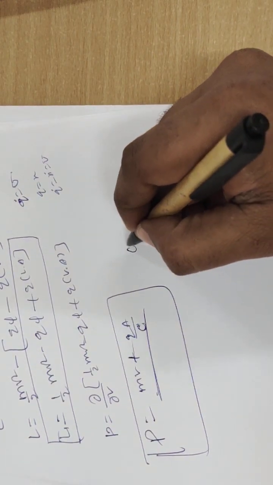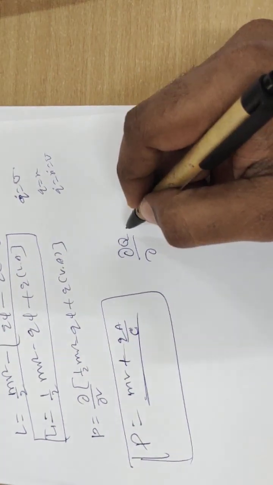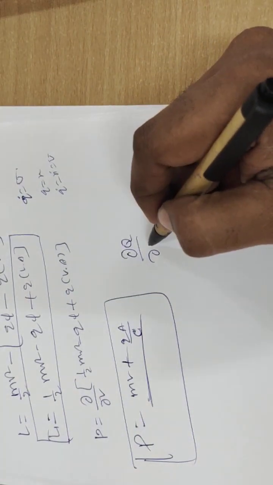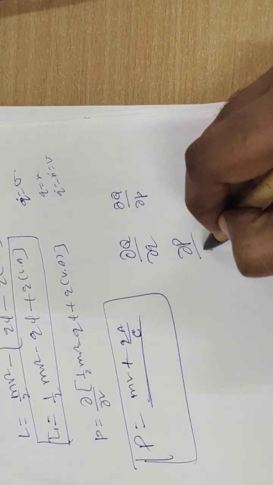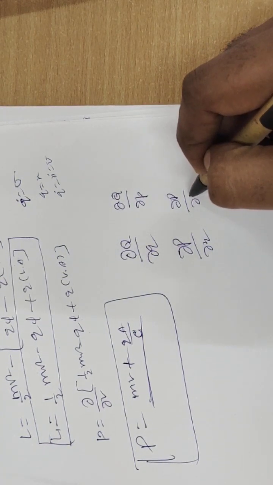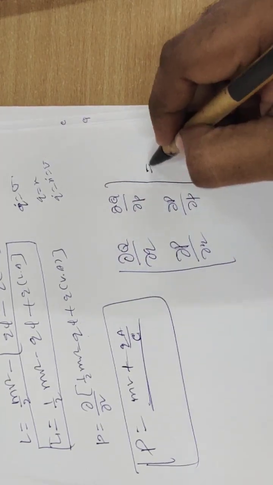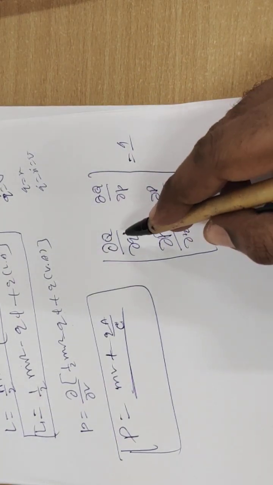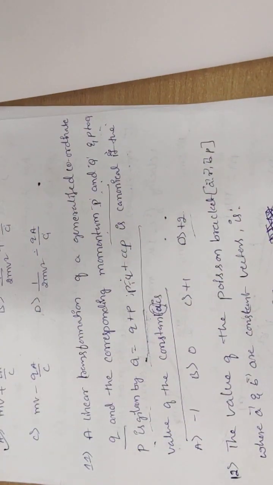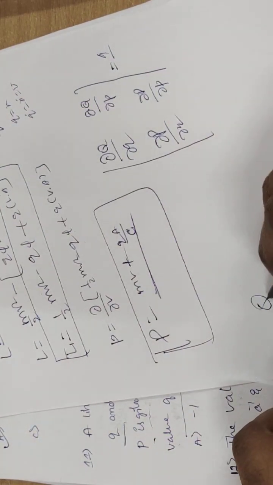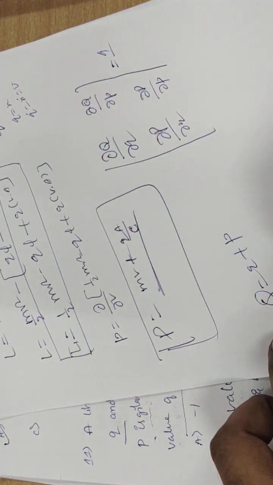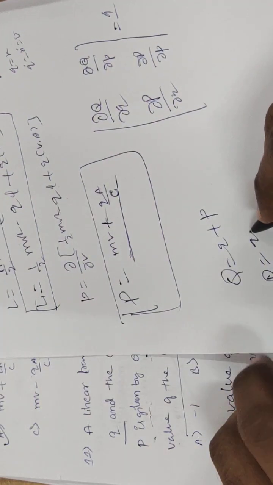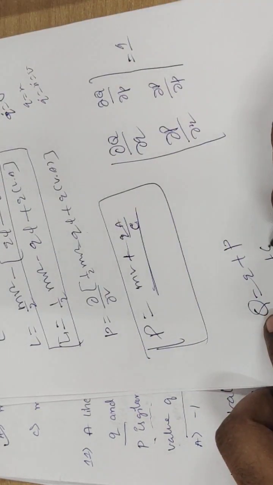We know that for a Jacobian transformation, for a canonical condition, the determinant of ∂Q/∂q, ∂Q/∂p, ∂P/∂q and ∂P/∂p has to be 1. Here in the question they are given Q is equal to q plus p, and P is equal to q plus alpha p.